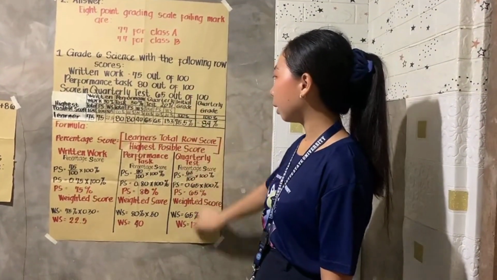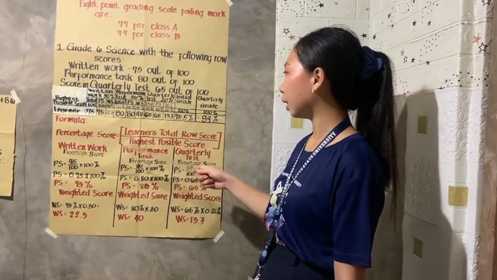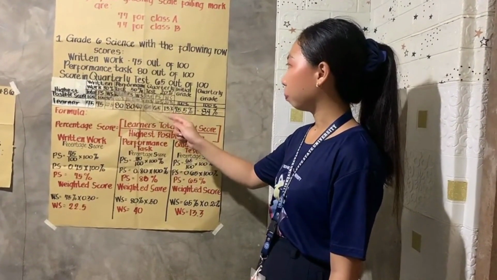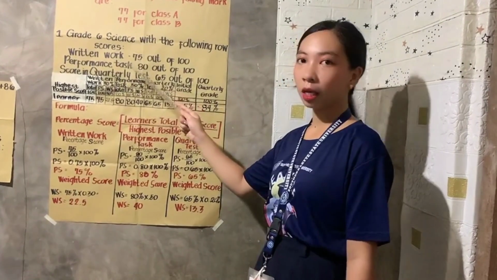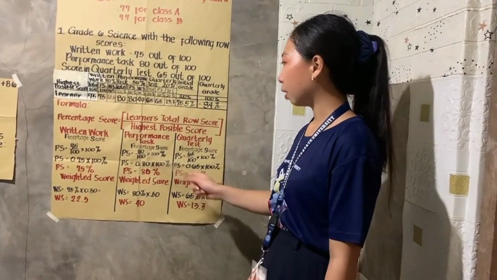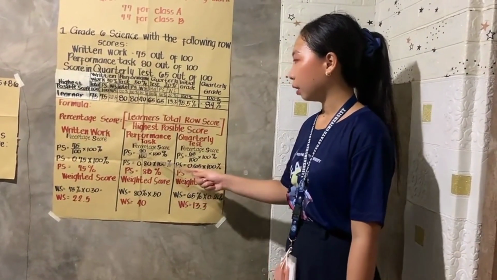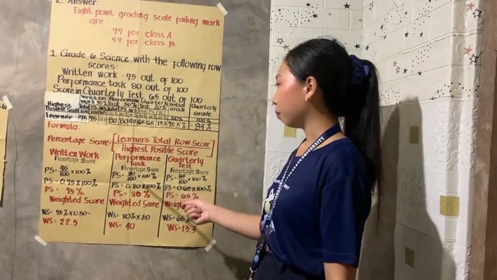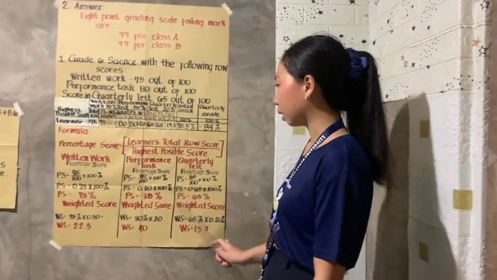The same formula applies in getting the performance task. So in the performance task, they got 80 out of 100. So for the percentage score, 80 divided by 100 multiplied by 100%.